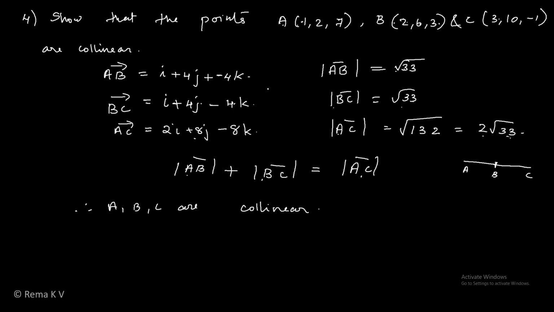By applying the Pythagoras theorem. In a similar way you have to find AB, BC and AC, and then show that AB square plus BC square is equal to AC square, or the square of any one of the sides is equal to the sum of squares of the other two sides.